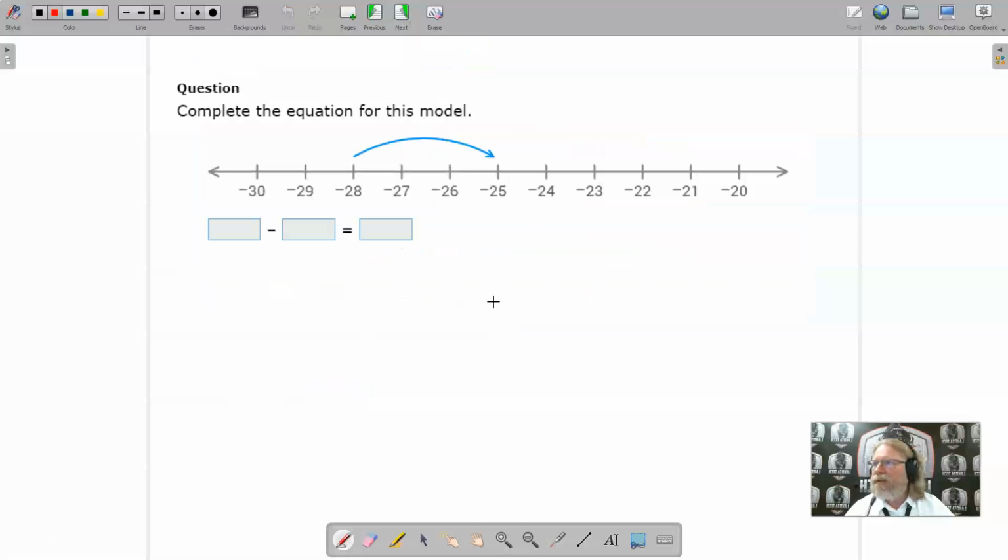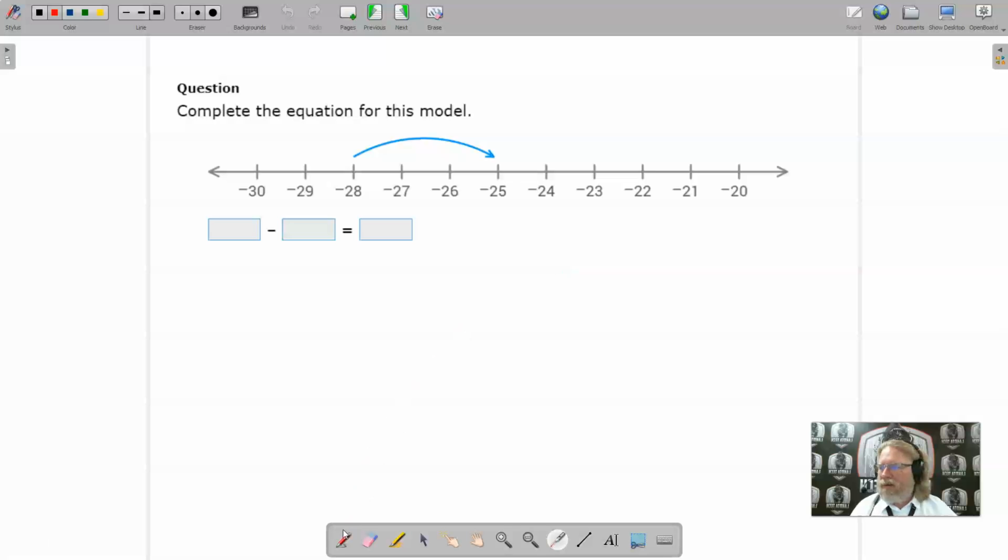On to the next one. Fill in the blank time. Let's take this model here and write this as addition, and then we're going to use the whole process to reverse the other way and change the addition problem over to a subtraction problem, because as you can see, they want it as a subtraction problem.